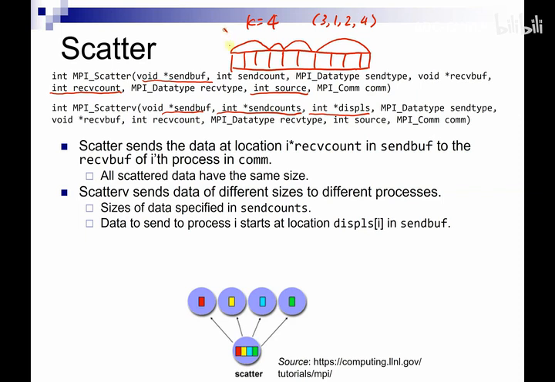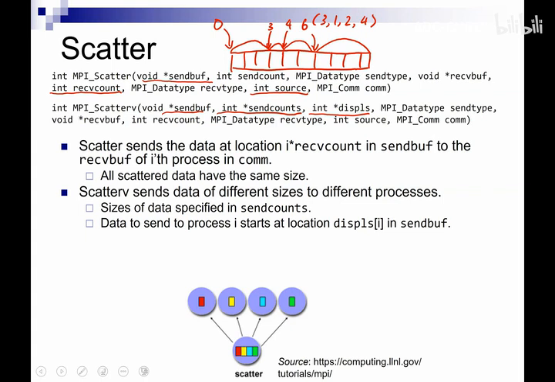The data I'm sending to the first process starts at index 0, the data for the second process starts at index 3, the data for the third process starts at index 4, and the data for the final process starts at index 6. So how do I compute these indices?